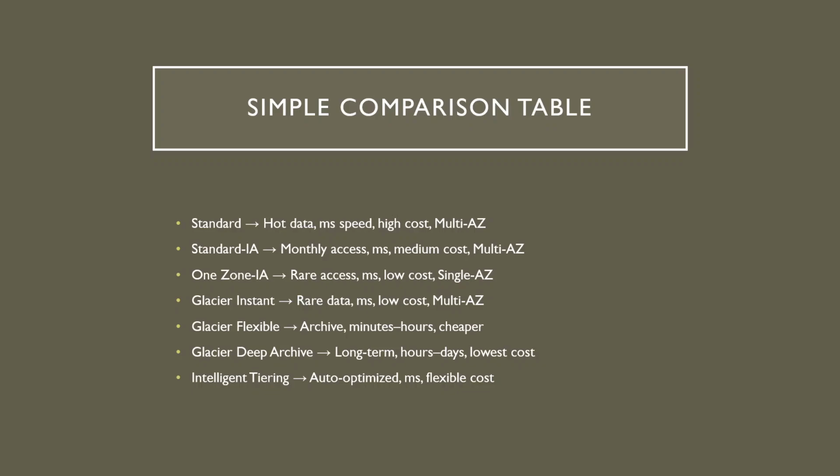If you go to Intelligent-Tiering, we choose it when we need a mixed workload, it will auto-optimize cost, and it's stored across multiple availability zones. And if you go to Glacier Flexible, it's archival and its cost is lower. So don't get confused, read one by one and you can clear which is which. There are so many storage classes, and I explained them. So that's all from this video. We'll see more things in our next video.